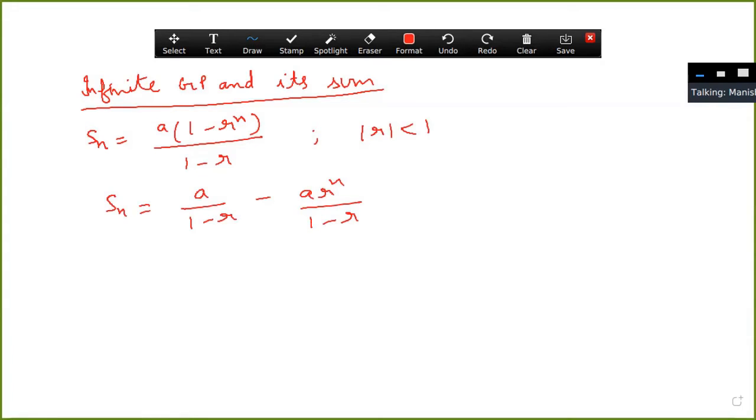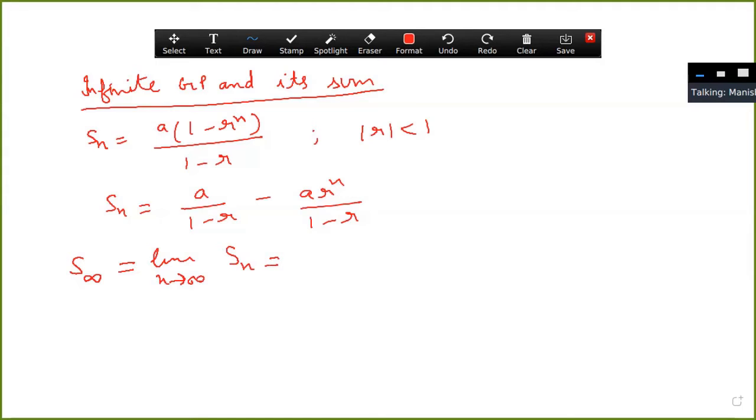If n is tending towards infinity, or you can say S infinity, it means n tending towards infinity. What will you get on taking the limit n tending to infinity of the sum Sn?